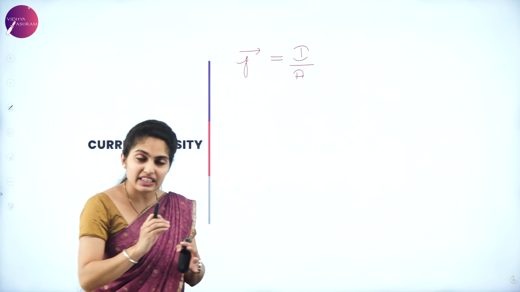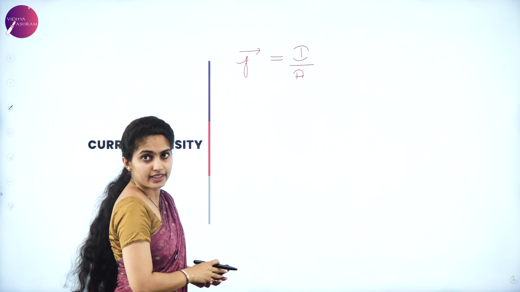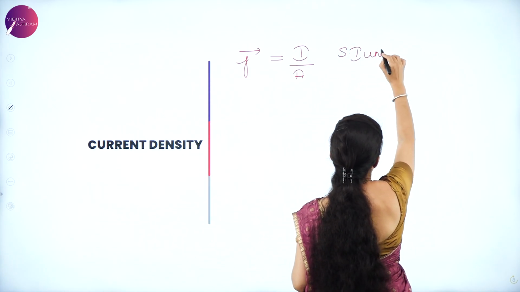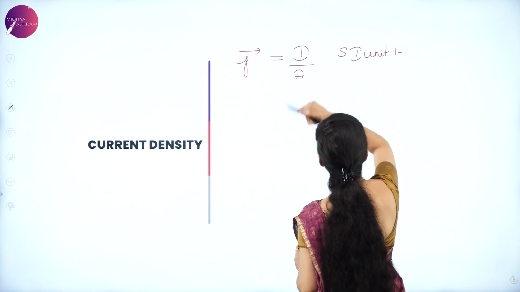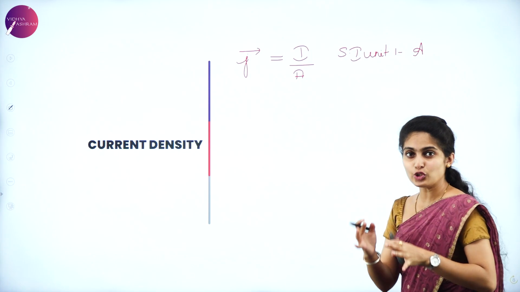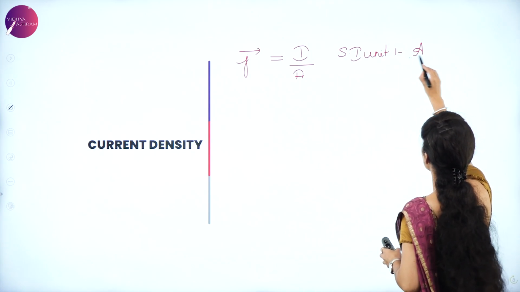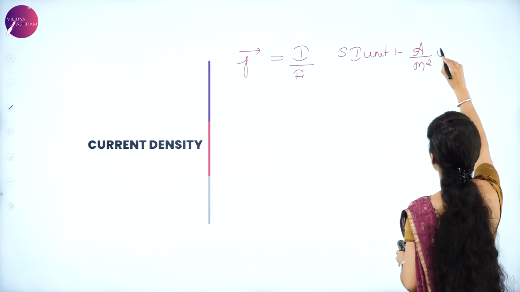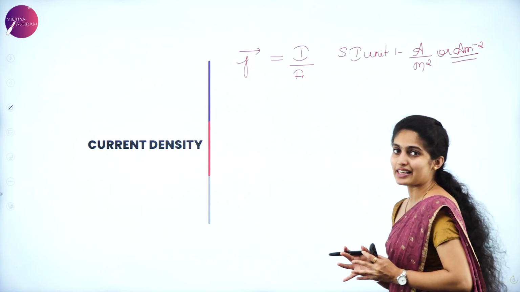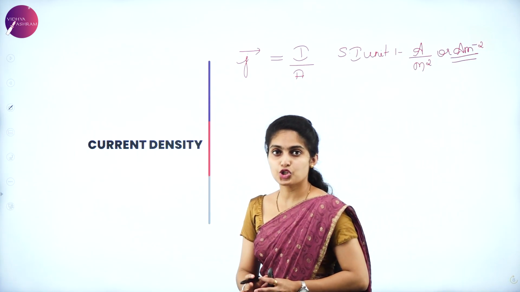So the electric current produced per unit area is nothing but the current density, whose SI unit is: current is given by A, ampere, area is length into breadth, so it is meter square, so it is ampere divided by meter square, or it can also be written as A m inverse square. So this is the SI unit of current density, which is given by J.